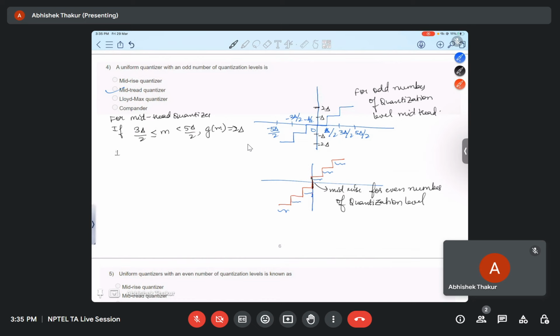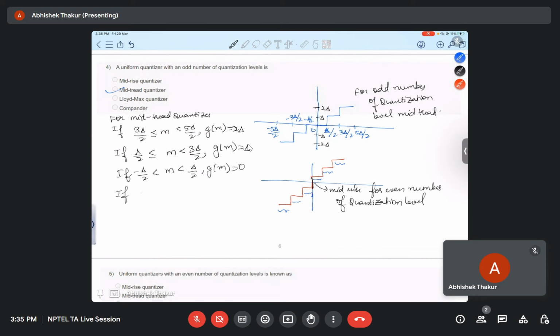Now if m is greater than or equal to delta by 2 and less than 3 delta by 2, then g(m) is equal to delta. If m is greater than minus delta by 2 and less than delta by 2, the value of the message signal is equal to 0.